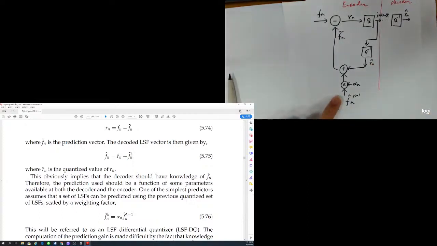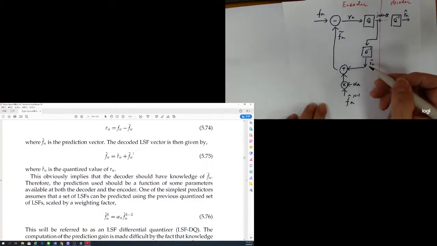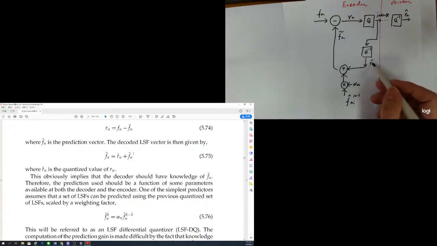This one is your Fn. Try to get your Fn. Why is there a prediction? Here you multiply by the prediction coefficient. This one is your prediction.